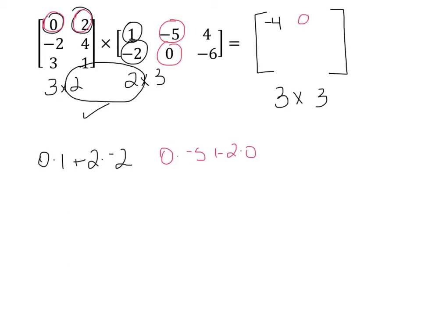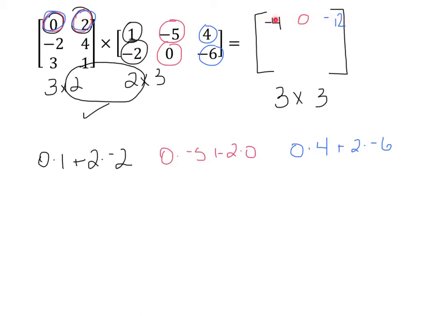And then the last one, 0 times 4 plus 2 times negative 6. That's negative 12. So how did I know where to put these? Well, I've got a top row, so it's top row.